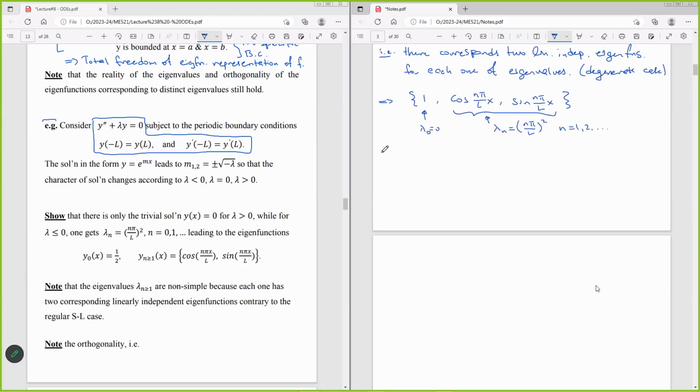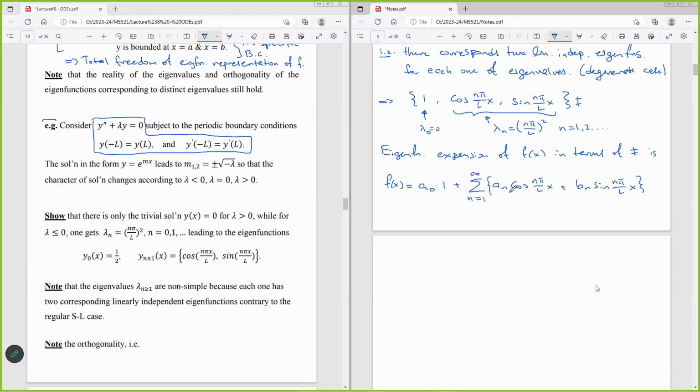Now, if you do the eigenfunction expansion of f in terms of these, it is A0 times 1 plus a sum of an times cosine n pi x over L and bn times sine n pi x over L, n goes from 1 to infinity.